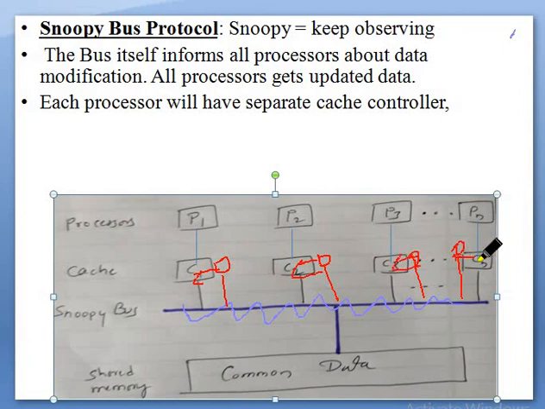So the cache and processor are free from observation or data validation. A new element called the cache controller takes on the responsibility with the help of the main Snoopy bus. So this is the Snoopy bus protocol. You can expect this in your examination.